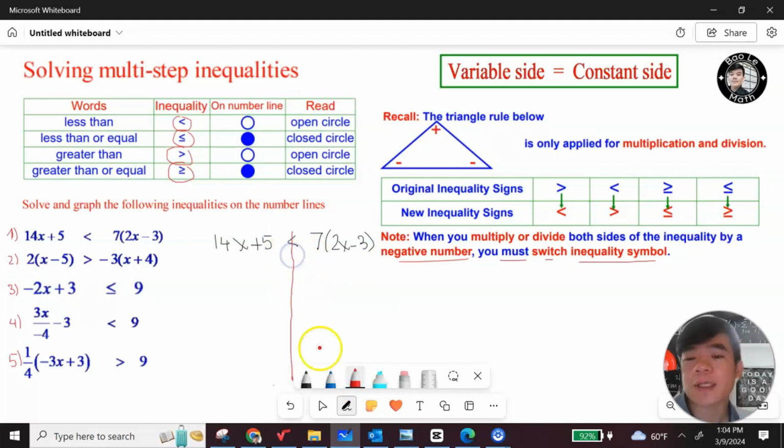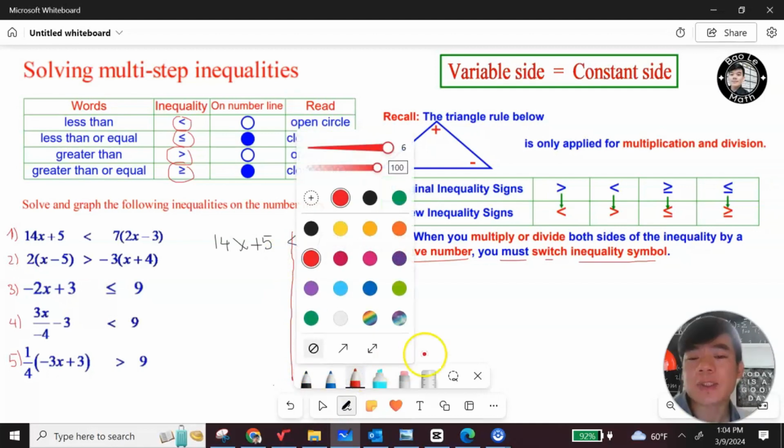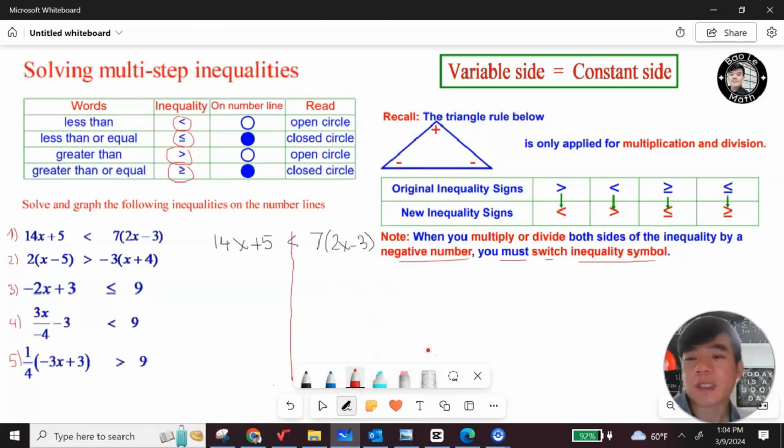You do exactly the same thing as you learned in solving multi-step equations. I see that I need to distribute this. So I write the left hand side, 14x plus 5 less than 7 times 2x, which is 14x. 7 times negative 3 is negative 21.